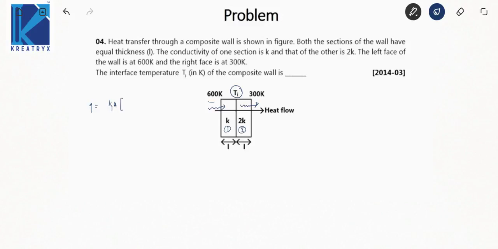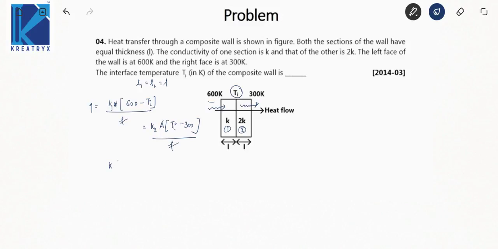K1 A is the same because it is a composite wall: K1 A (600 minus Ti) upon L, where L1 equals L2 equals L, is equal to K2 A (Ti minus 300) upon L. This cancels out, this cancels out.